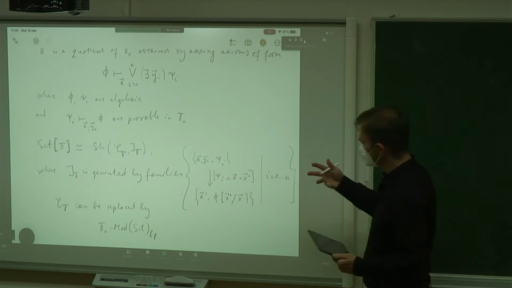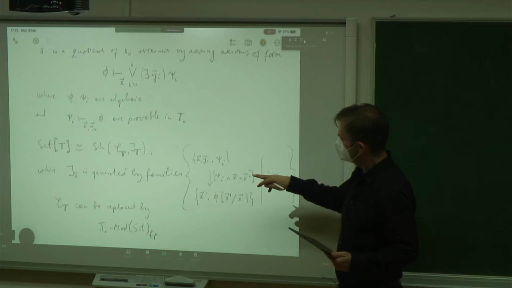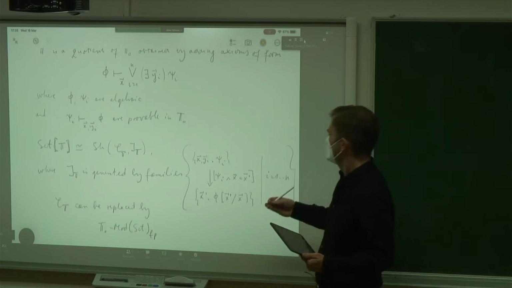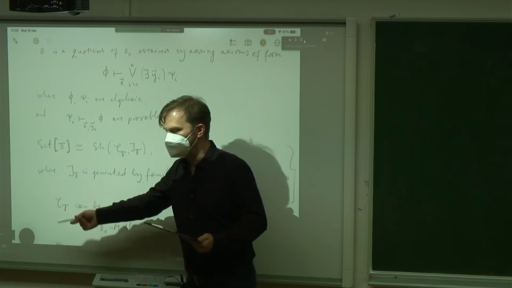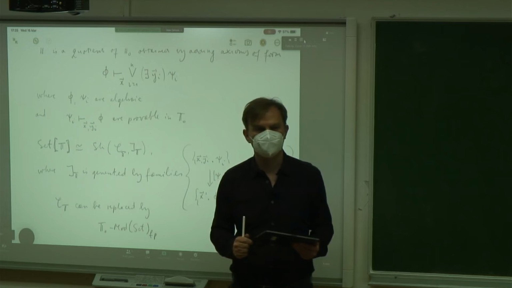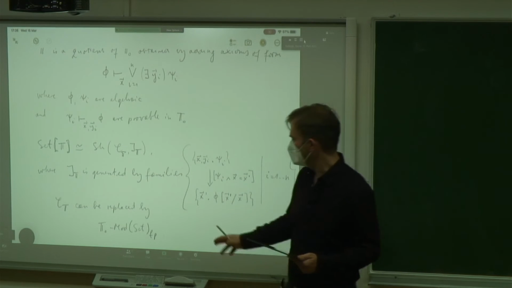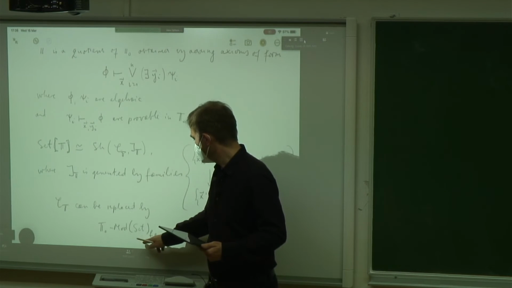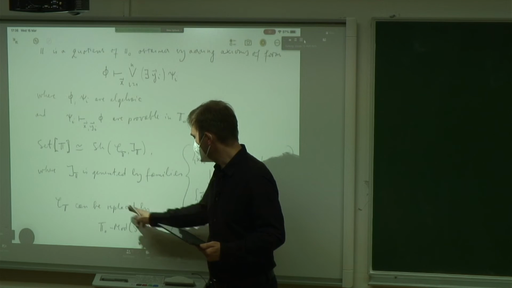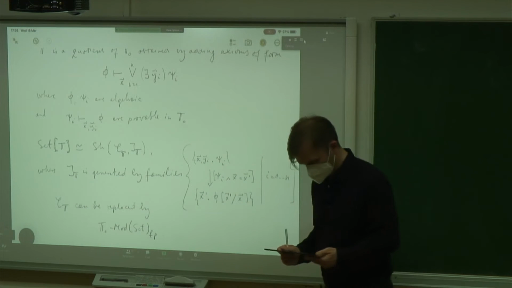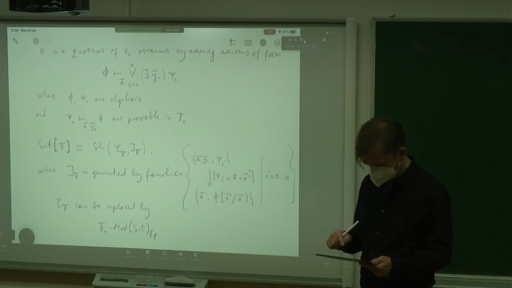And moreover, you can even go a step further. You can replace this rather abstract syntactic category by the category of finitely presented T0 models in the category of sets.